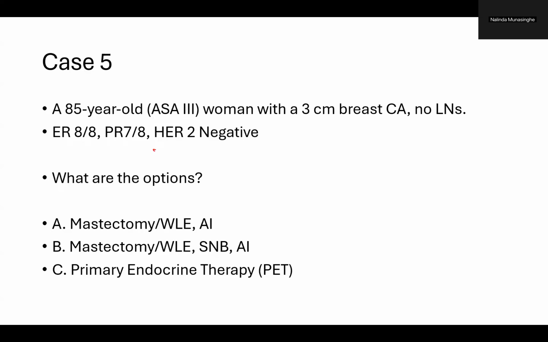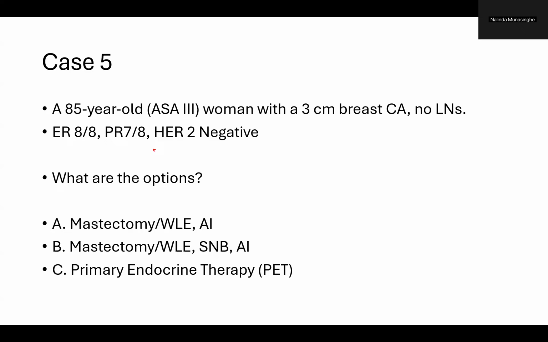It's the patient's choice. So if I ask a question for you, you all must be in your 20s, between 20 to 25 or 30s. If you have a breast cancer in a hypothetical scenario, would you like to have a mastectomy or wide local excision? Most probably wide local excision. And in your 50s, would you like to have a mastectomy or a wide local excision? I guess it's the same, wide local excision.